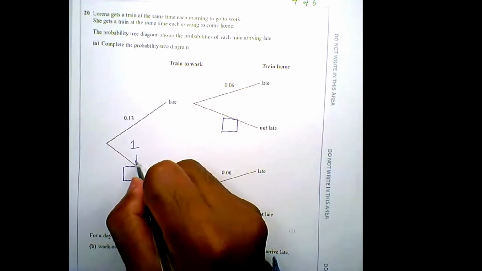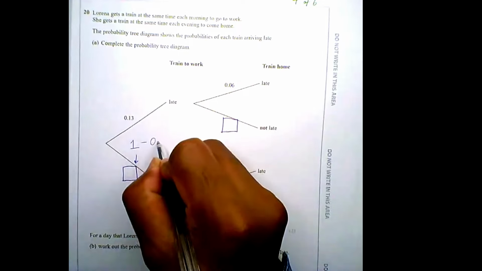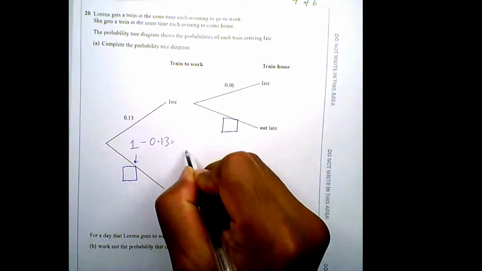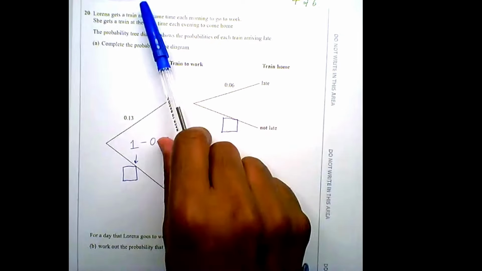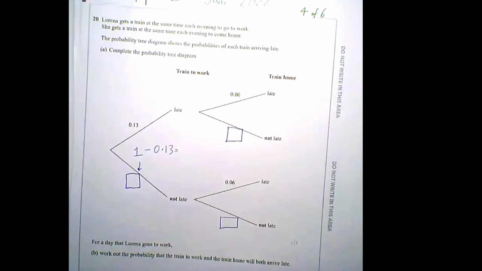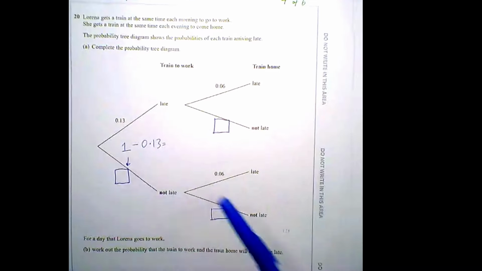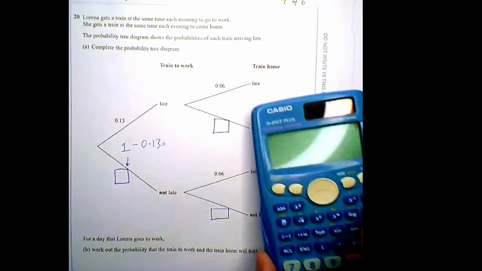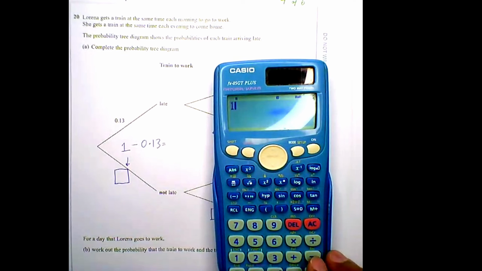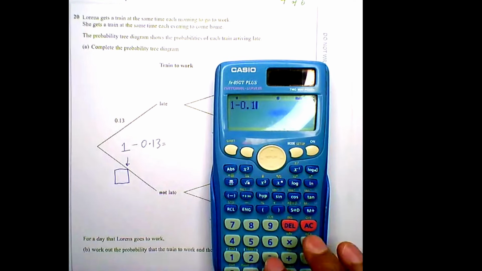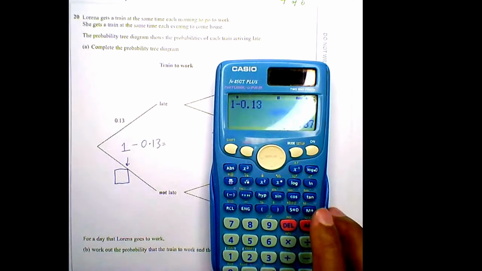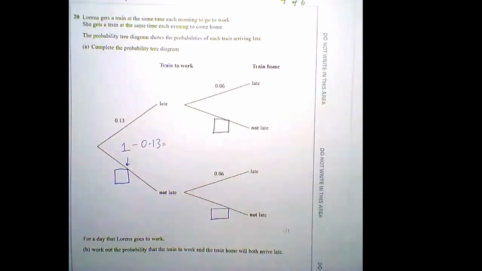So this missing box would be 1 take away 0.13. And so it's paper 2 exam. Paper 2, which means that I am allowed to use a calculator. So we can just put this in a calculator. 1 take away 0.13, that gives me 0.87.